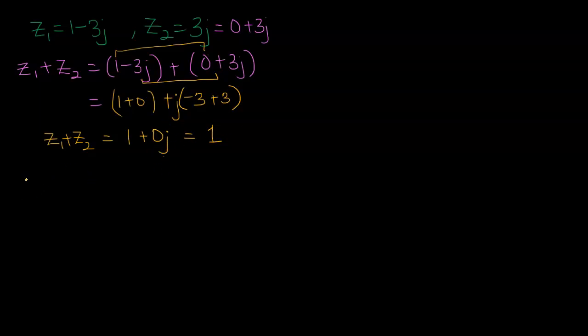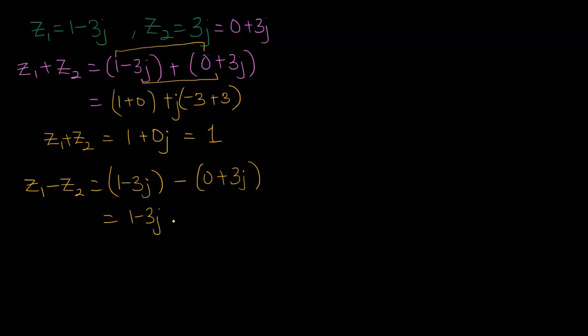Okay, how about z1 minus z2? We're going to write z1, 1 minus 3j, then the negative here, z2, 0 plus 3j. So I'm going to take off the parentheses. This is 1 minus 3j here. Then this is minus 0, and minus times plus 3j is negative 3j.